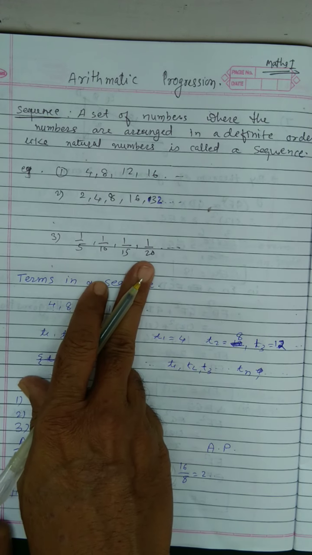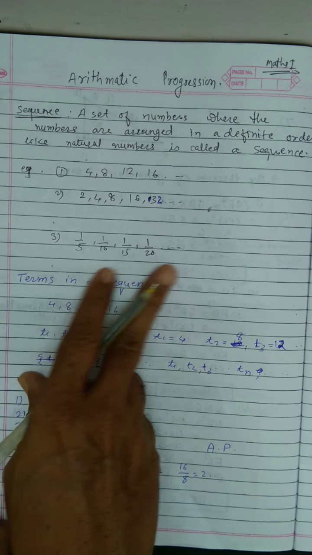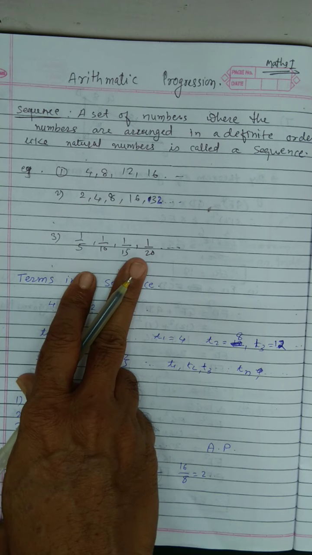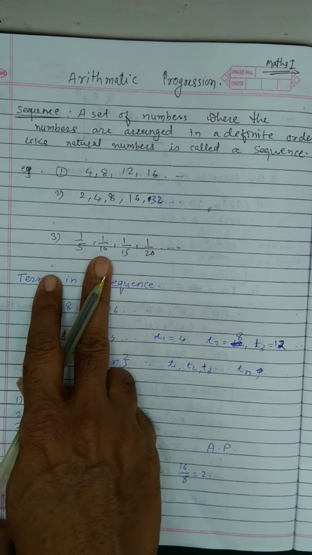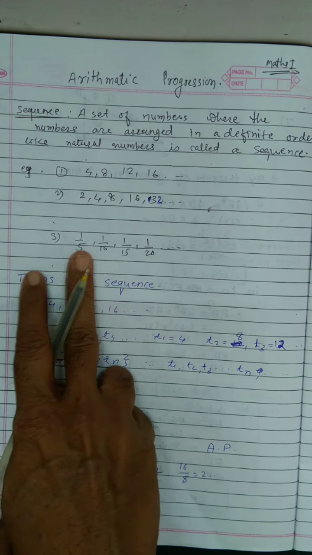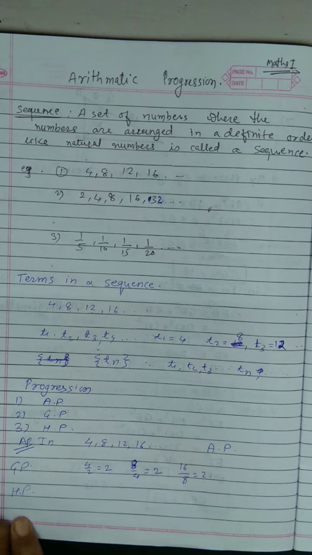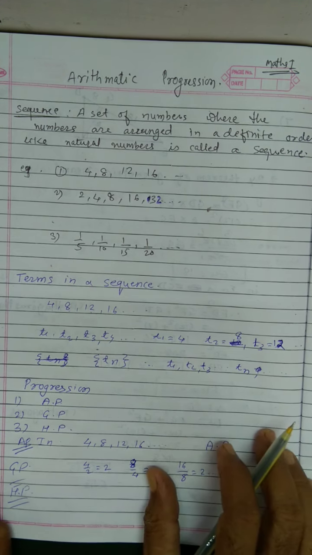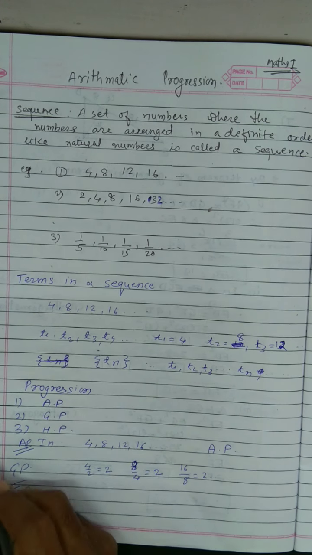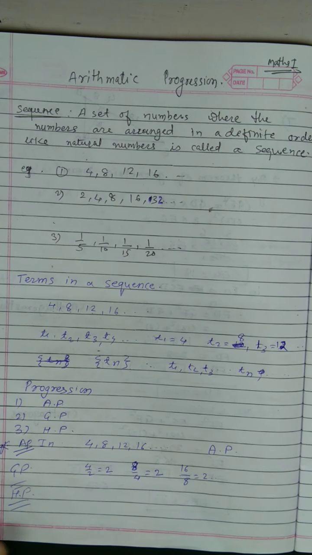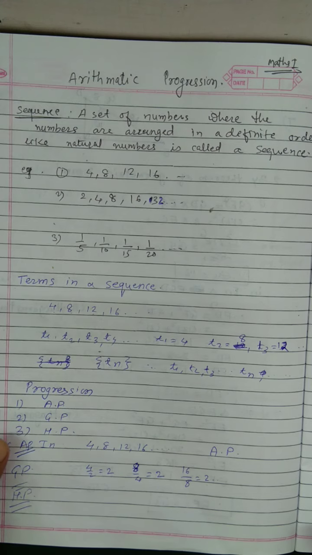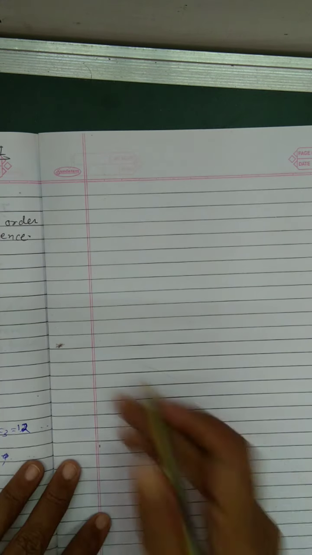The difference between two consecutive terms is the same, that is an AP, the denominator is an AP, then it is an HP. That is third. Now here we first see the AP, arithmetic progressions.